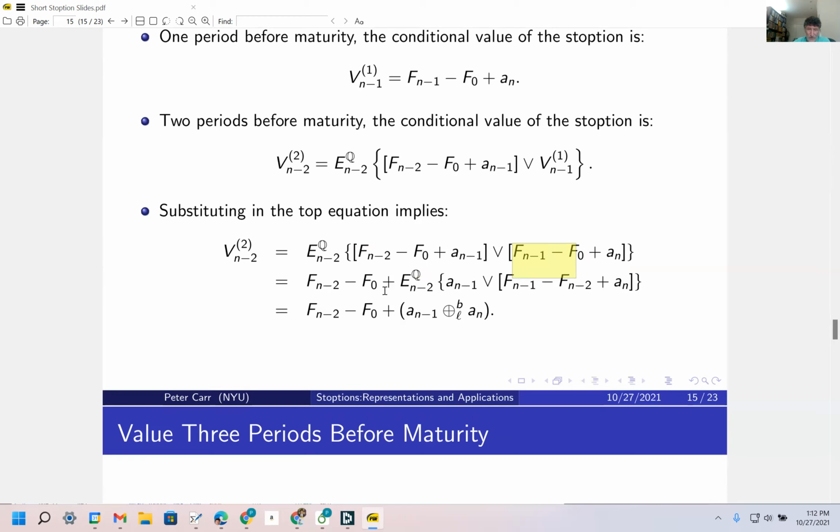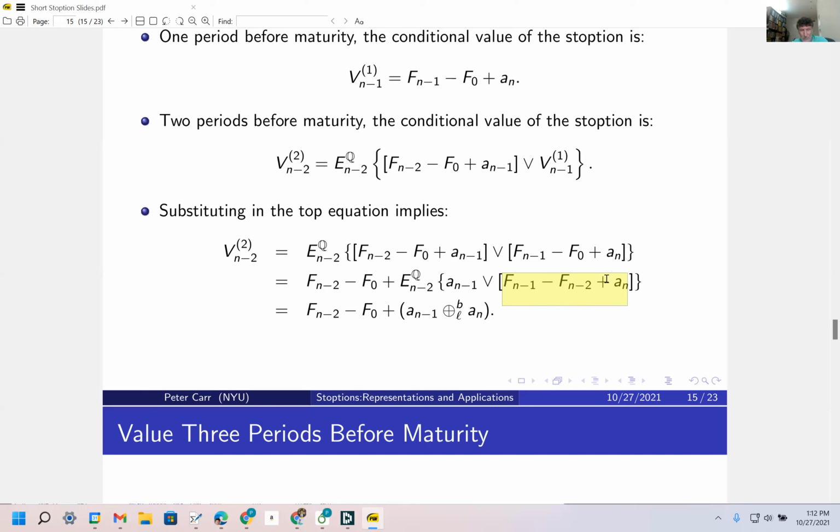After you pull it out, this is what you're left with. And what you're actually left with, if you think about it, is a single period stoption. You can think of the world ending at time n minus 1, and you can have the floor A_{n-1}, or you can have a random quantity, and you're going to choose the larger. This expectation is something we've thought about.